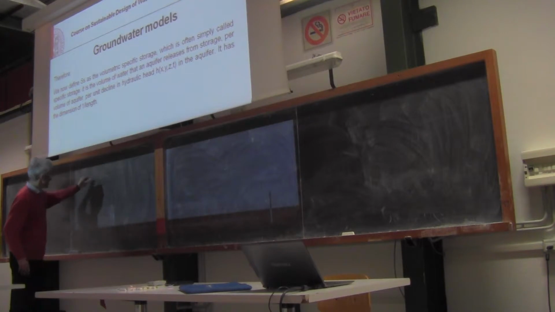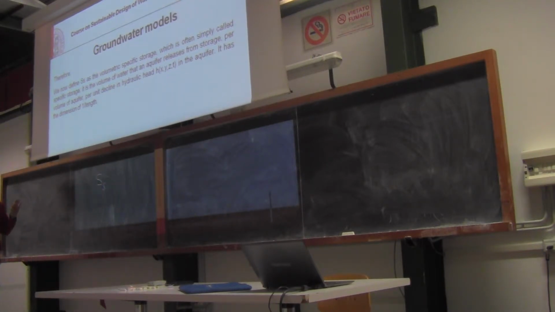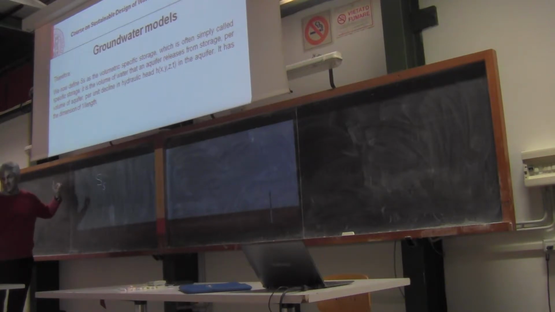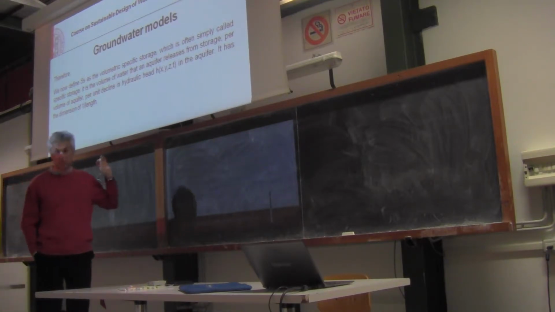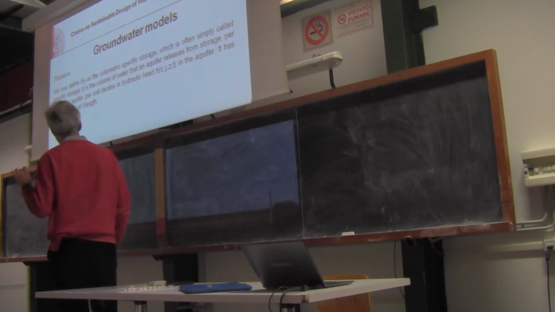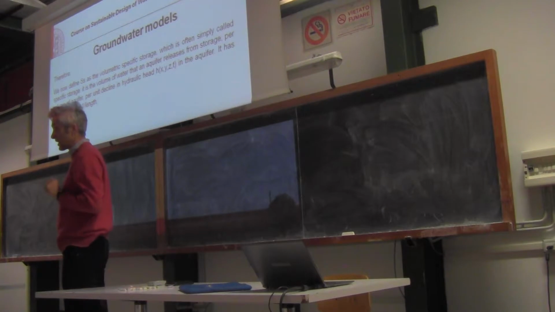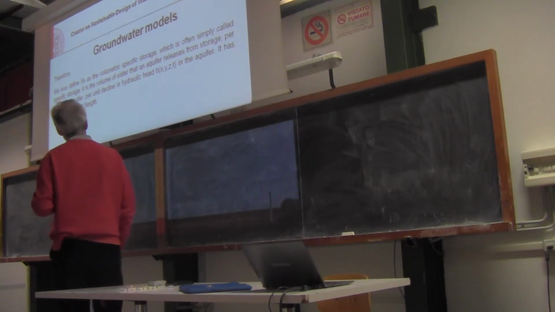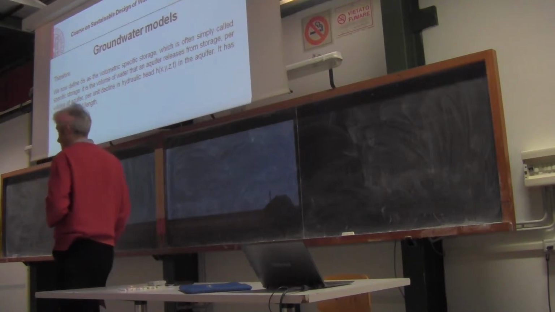So, what is SS? Let's read the definition. It can also be called specific storage. SS comes from specific storage, actually. It's the volume of water that an aquifer releases from storage per unit volume of aquifer, and per unit decline in hydraulic head.